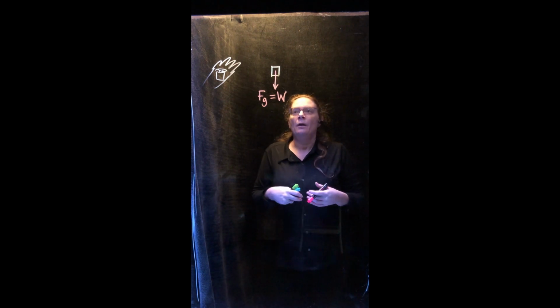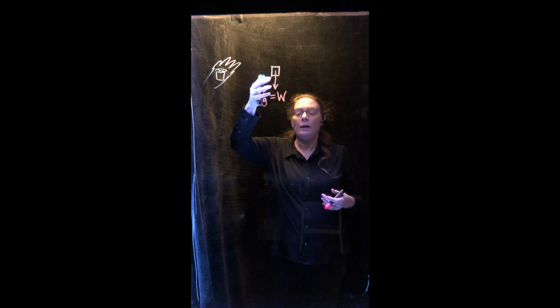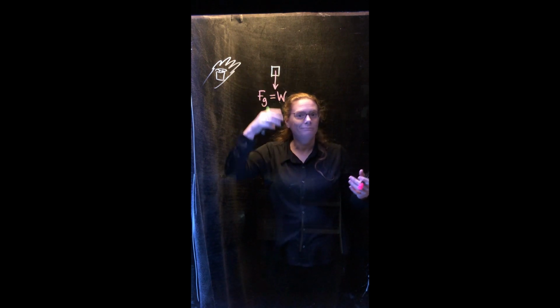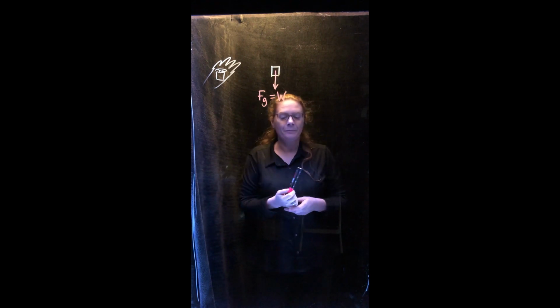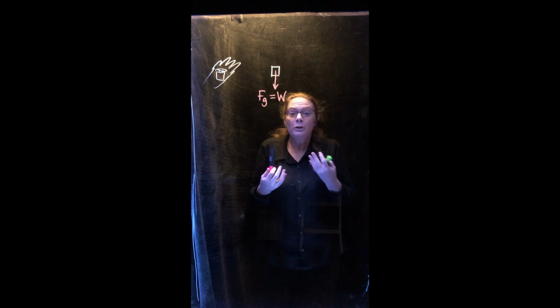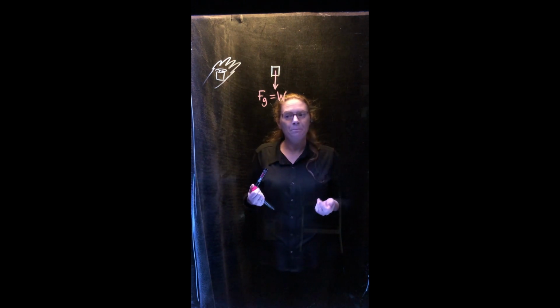Now, if this were the only force acting on it, you know what would happen. It would fall at a rate of 9.8 meters per second squared. So there must be something keeping it from falling. When you're holding something up, it's you. You are doing that. Now, what type of force is that?